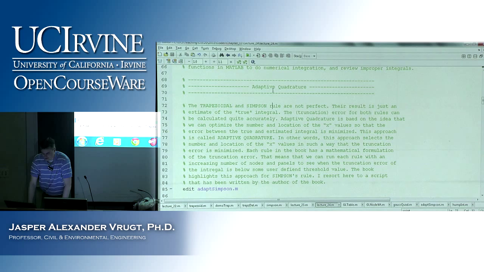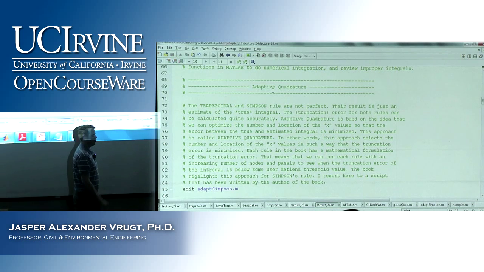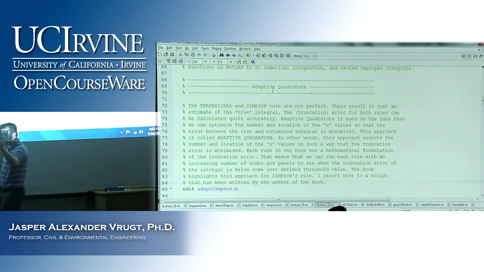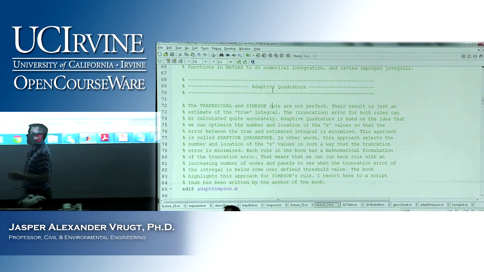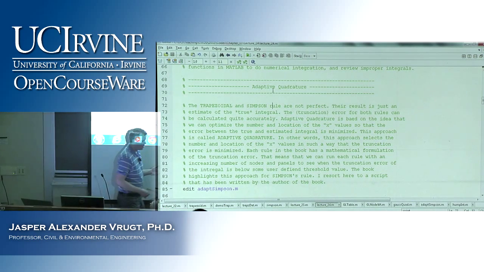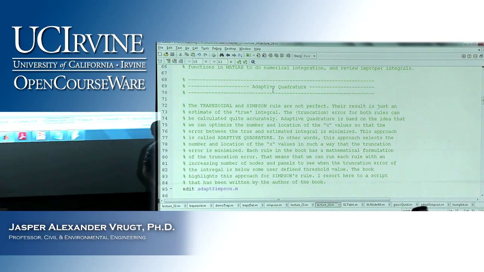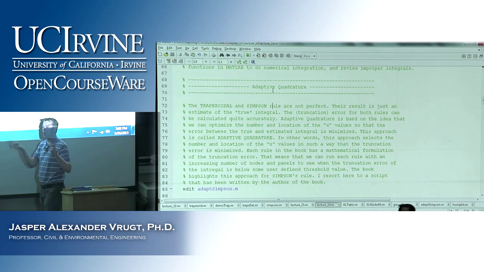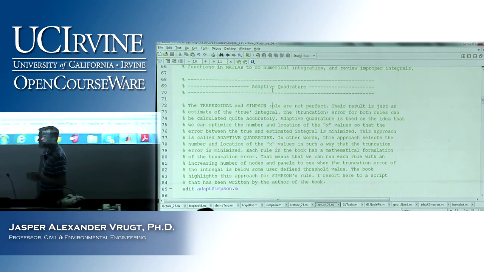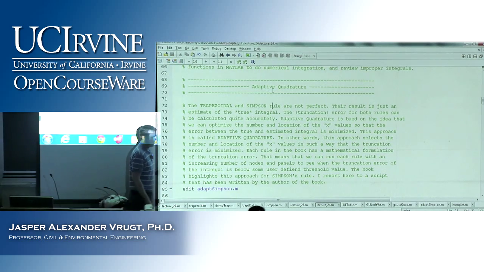So we've seen that Gaussian quadrature is the preferred method. With the trapezoidal rule and Simpson's rule, you define the x values at which you compute the function values, and then you do the integration. But your selection of the x values might mathematically not be optimal. Optimal means that you select the values of x and f in such a way that the resulting error of the integral is as low as possible.